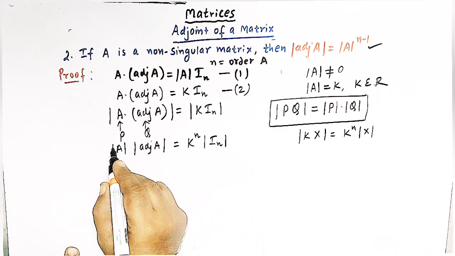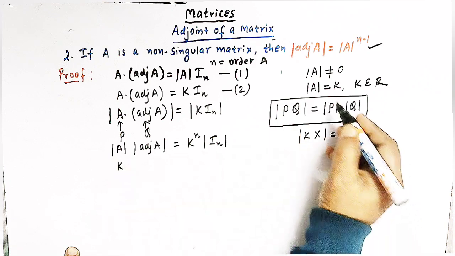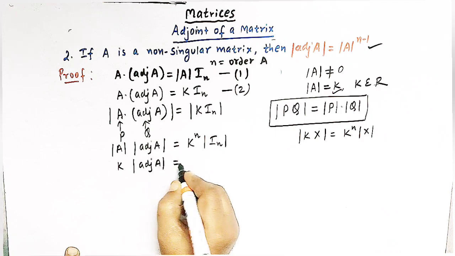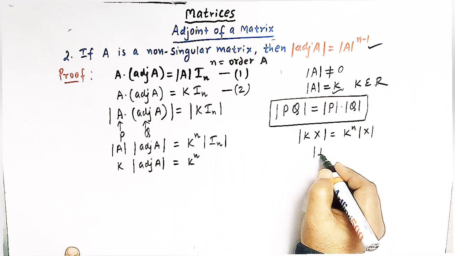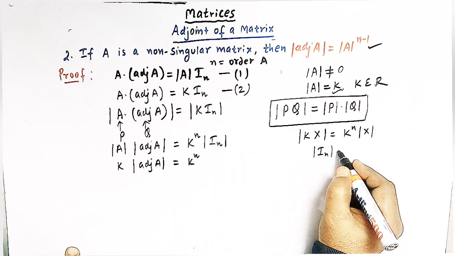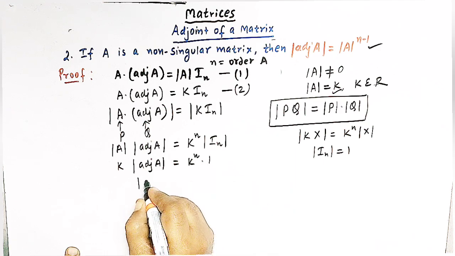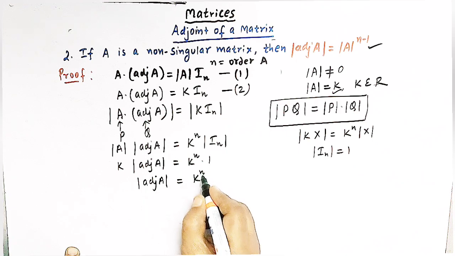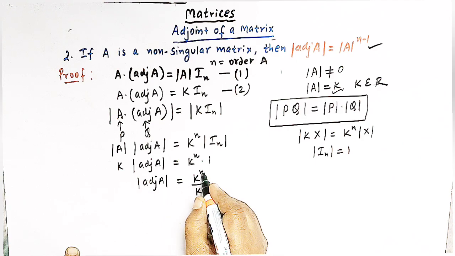Now the determinant of matrix A can be replaced by k, and here we have the determinant of adjoint of A, and k raised to n, and the determinant of the identity matrix is equal to 1. So the determinant of adjoint of A is k raised to n times 1, that is k raised to n, divided by k.